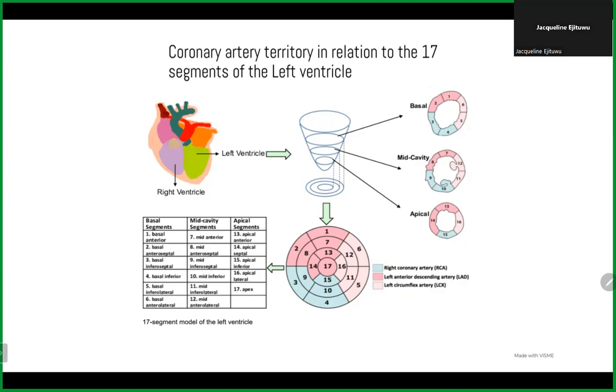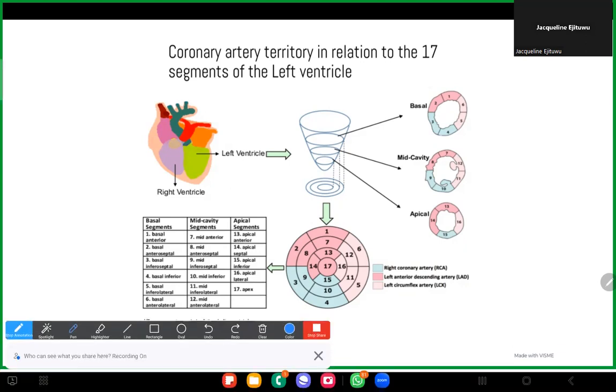The basal anterior septal region and the basal inferior septal region are likely due to left anterior descending artery occlusion, while any problem along the basal anterior or basal anterolateral region is likely a result of left circumflex artery occlusion. Next slide, please.